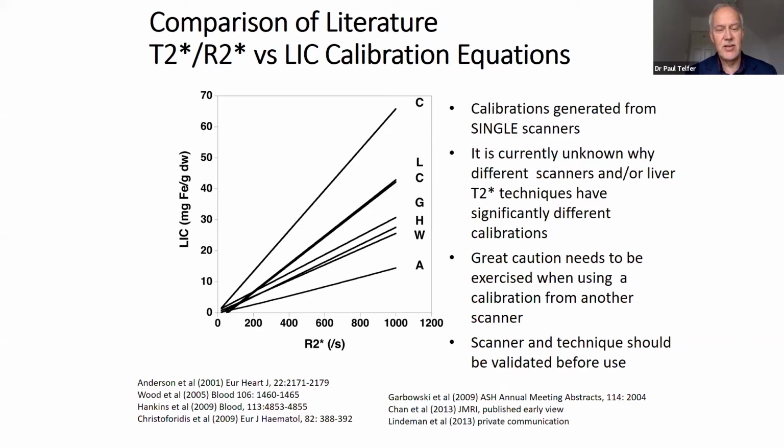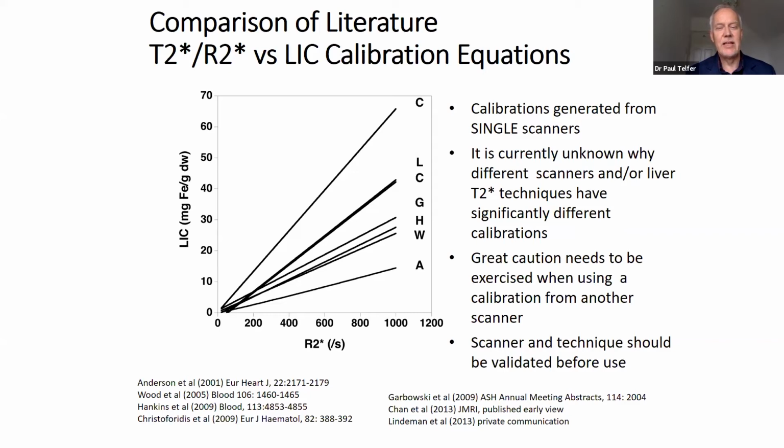And you can see that the actual R2 star relates to the liver iron concentration for each individual study, but if you compare the different studies, there's quite a wide range, so that it's not clear at the moment that R2 star is transferable from one scanner to another.